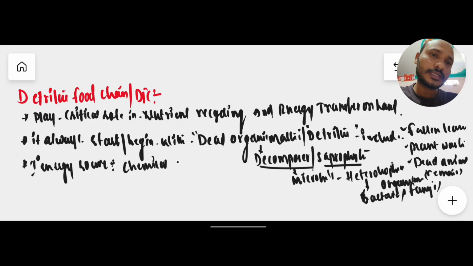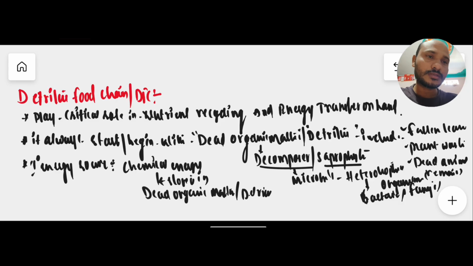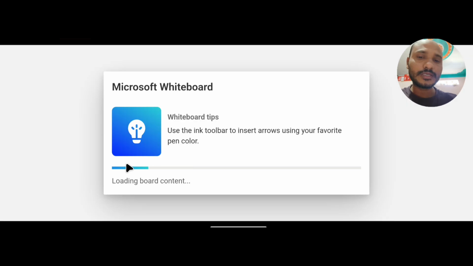In the grazing food chain the primary energy source is solar energy, sunlight. But in the detritus food chain the primary energy is chemical energy, and this chemical energy is stored in dead organic matter, that is detritus.